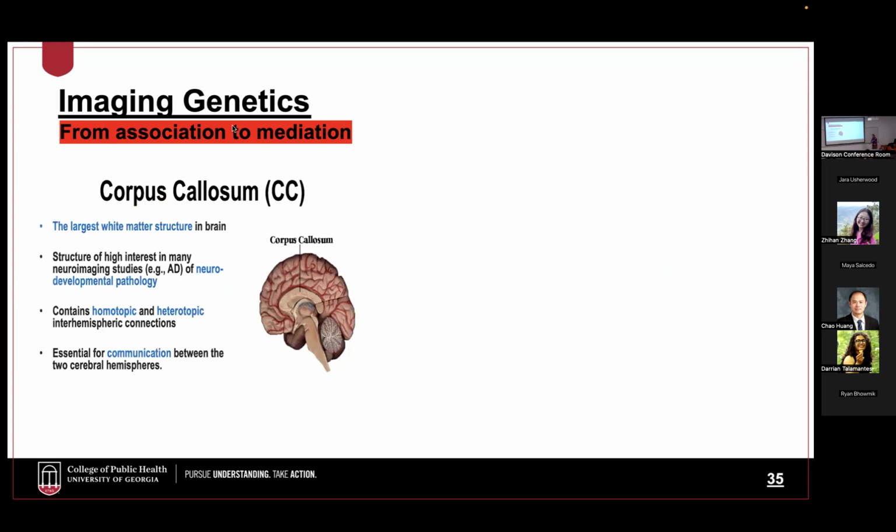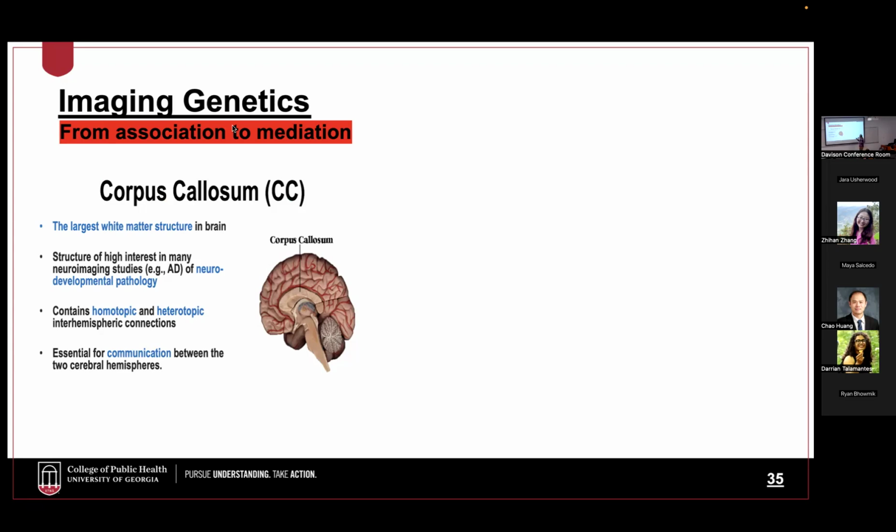So in this study, we want to focus on an important region in our brain, which is the corpus callosum. This is the largest white matter region in our brain. It's just in the middle. It has a very important role to connect our left and right hemispheres, and you can communicate information from left to right and from right to left.